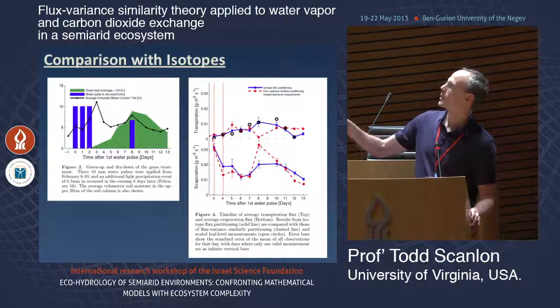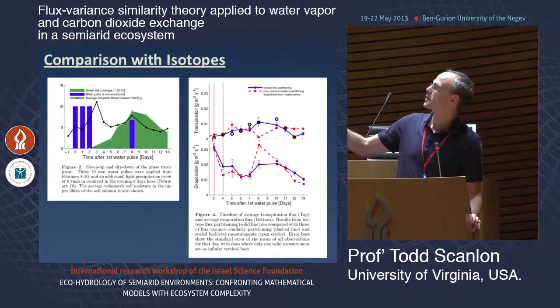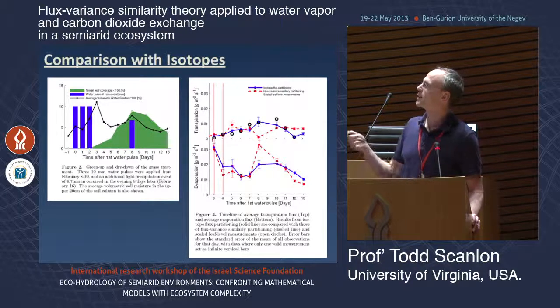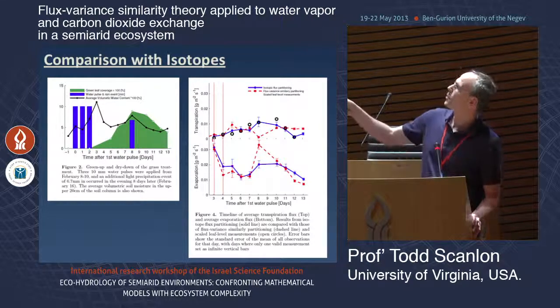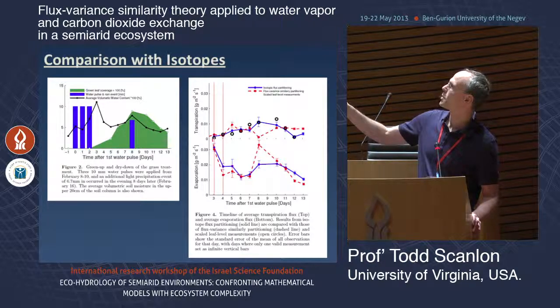After they did this irrigation, they found this increase in the LAI of the grass. They had this kind of freak rainfall event that happened in day 8. They didn't really expect this to occur. But they were able to get some results with the isotopic flux partitioning, shown with a blue line here for both transpiration and evaporation.